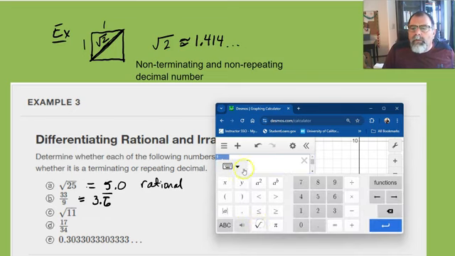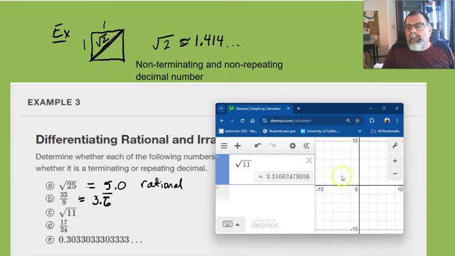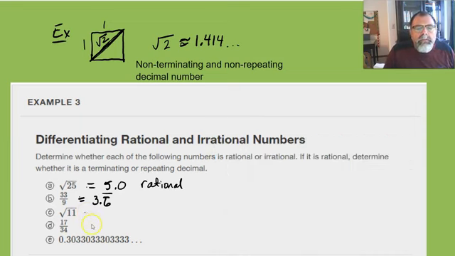You can hit square root, or you can type SQRT, square root of 11, 3.31662479036, and it'll just keep going forever and ever and ever. So that one is irrational, and it's non-terminating.